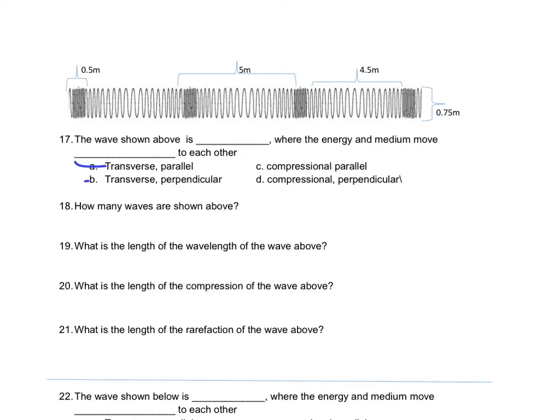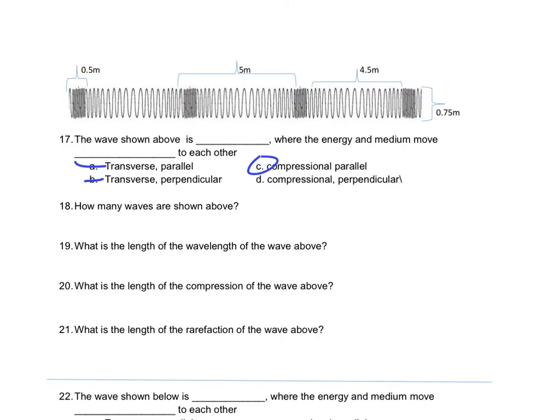So it's not A, it's not B. And I know that in a compressional wave, the medium travels parallel to the energy. So the energy is going to move left and right. The medium is also going to move left to right. They're in the same direction. They're never going to intersect each other. So the best answer here is C.